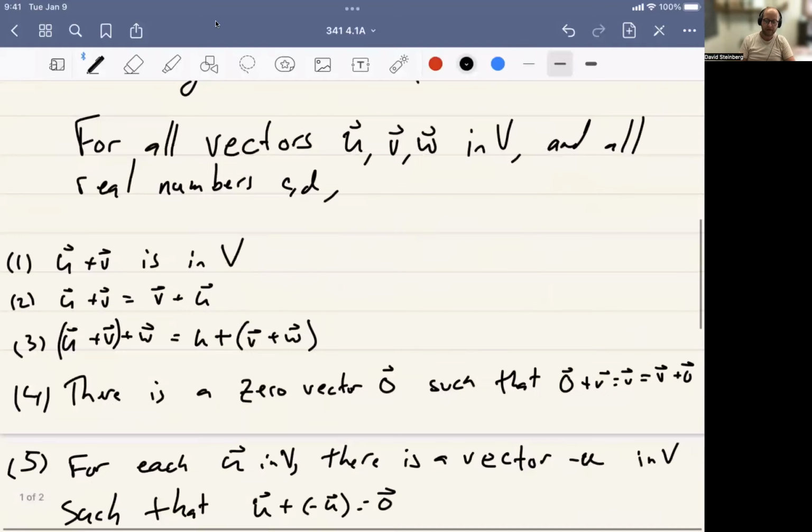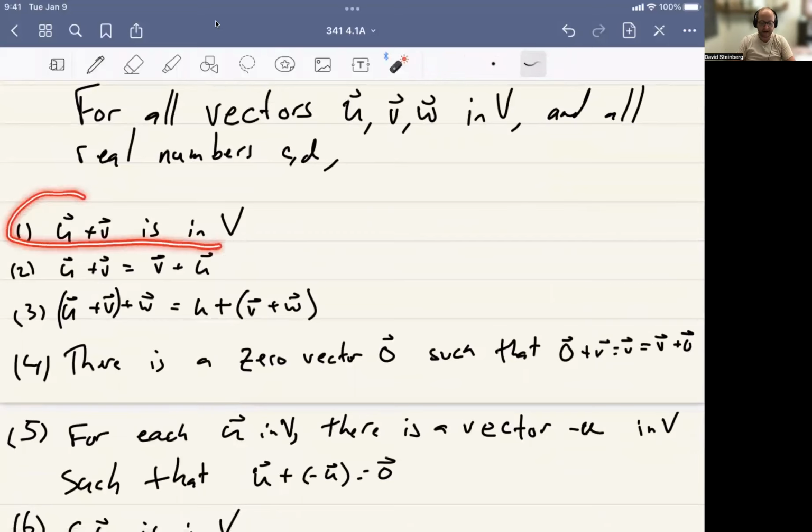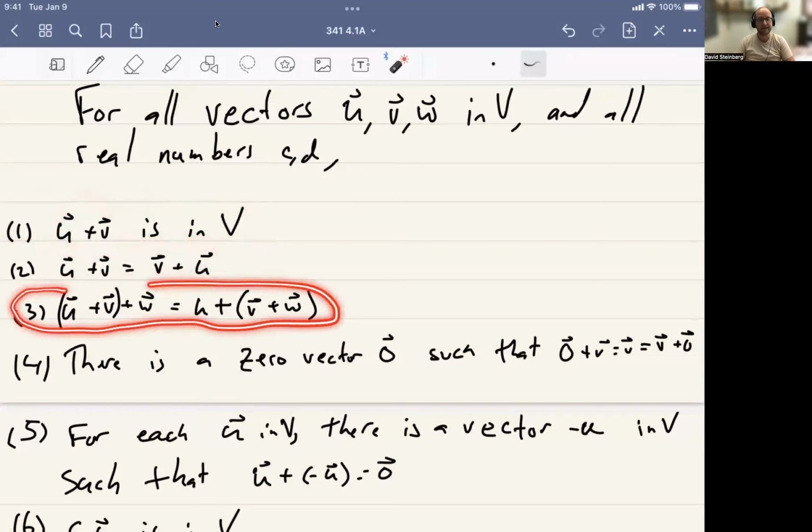So for all vectors u, v, and w in V, and all real numbers c and d, the addition operation should not take us outside of V. So if you have two vectors, their sum should also be in V. The sum shouldn't matter which order they come in. It shouldn't matter how you parenthesize a triple of vectors that you're adding together.